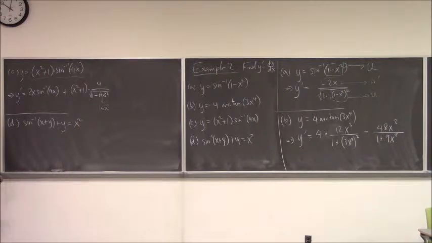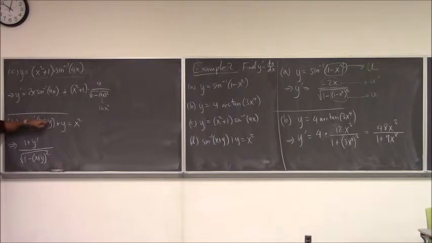This one's implicit, because we have x's and y's jumbled together. I don't just have y equals some function with only x's in it. So I have to do implicit differentiation. So what does that mean? How do you differentiate this guy? 1 plus y prime over the square root of 1 minus x plus y squared.